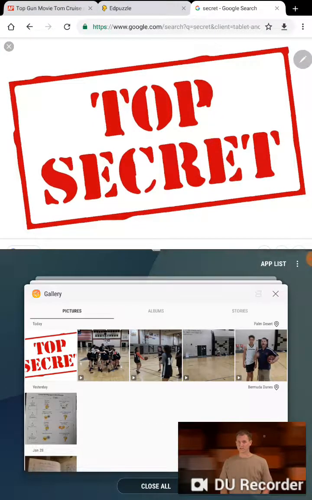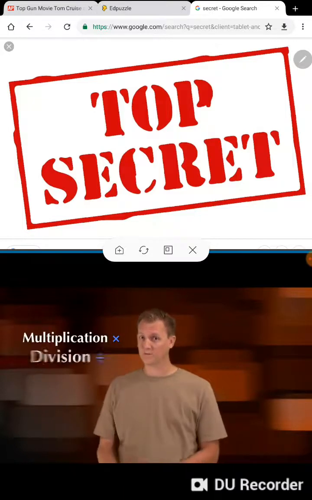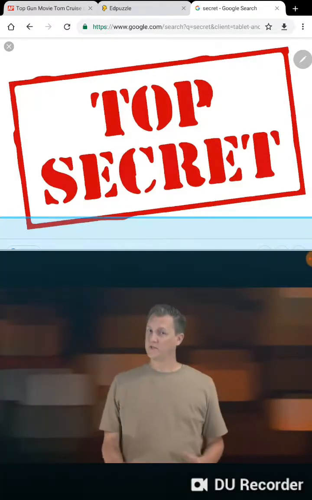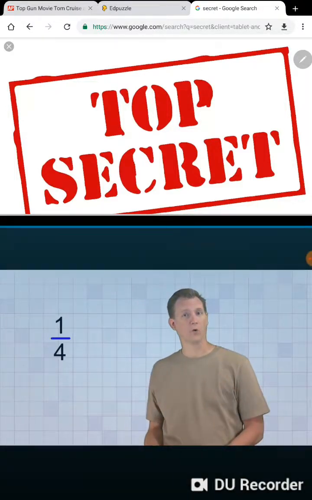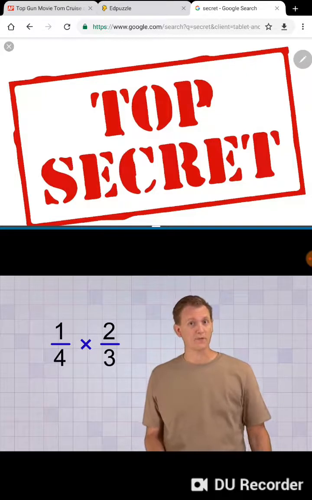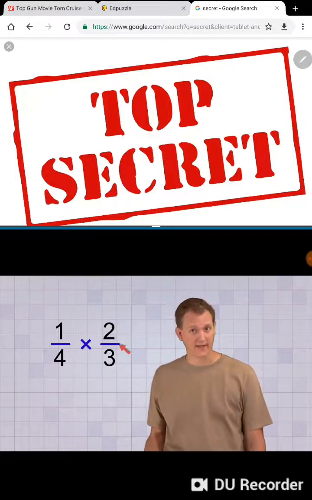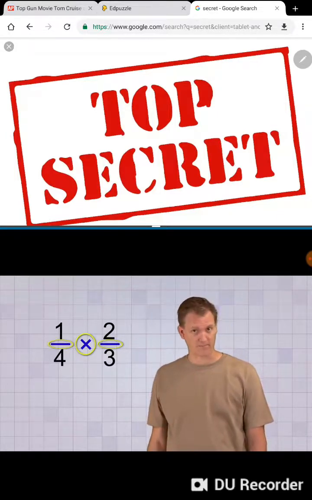The reason it's easier is because fractions are really just division problems, and multiplication and division get along much better than addition and division. Now, since fractions are division, that means if I have the problem 1/4 times 2/3, it's the same as the problem 1 divided by 4 times 2 divided by 3. That means I have both multiplication and division in the same problem.